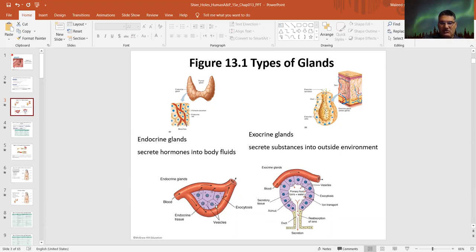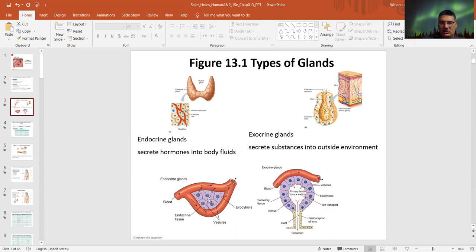But otherwise, if you do not have a duct, like this group of cells here that are still secreting something similar, which is a hormone in this case, it will not find a duct to take it out. So it will leak its content inside, with nothing to take it out.